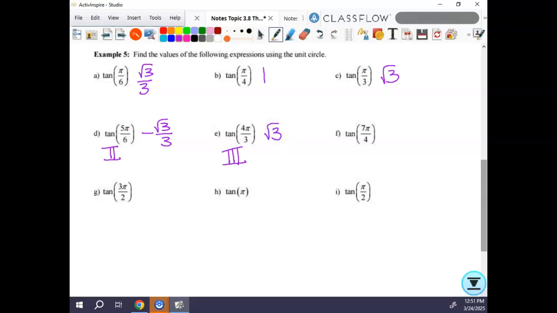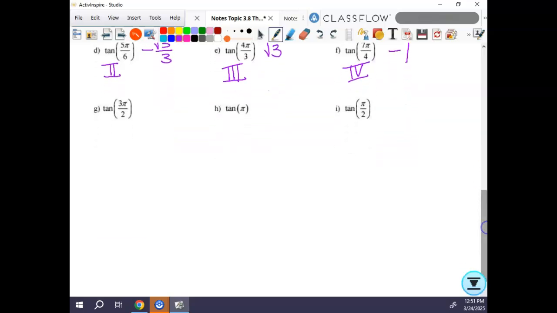Good. 7 pi 4ths. What quadrant are we in? Fourth. And in the fourth quadrant, tangent is negative. So this is a -1 for pi 4ths. All right. Then 3 pi halves. That's quadrantal, right? And it's down here. That is a vertical line. What's the slope of a vertical line? Undefined.